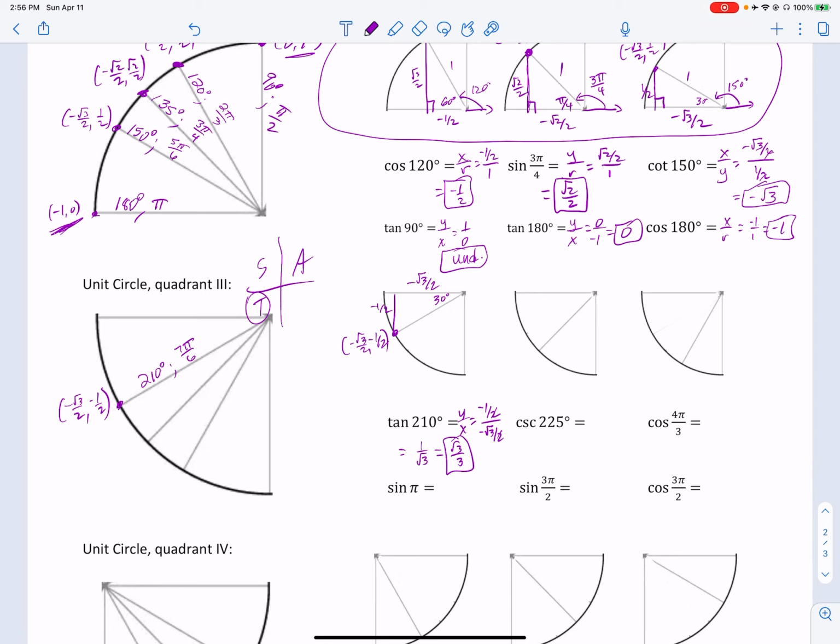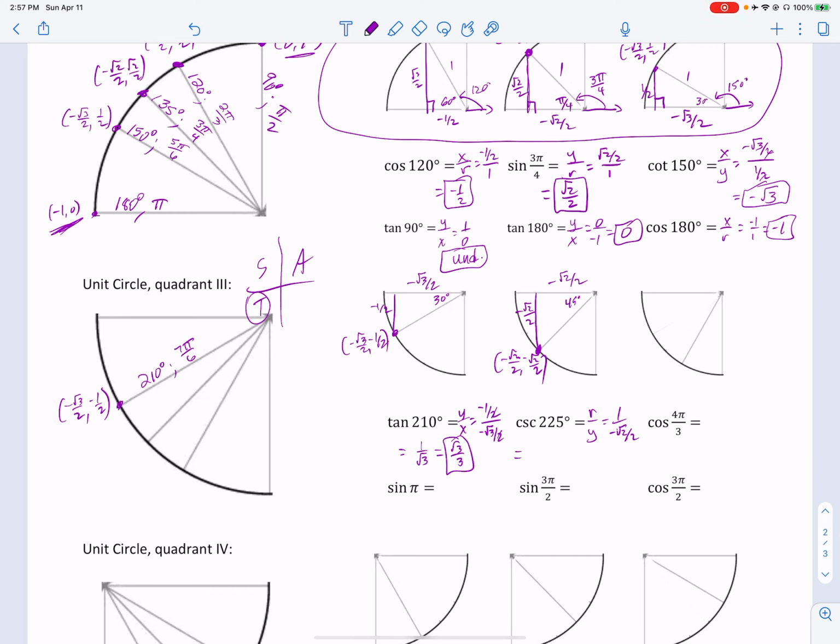Cosecant of 225 degrees. If we go 225 degrees, you have gone 45 degrees beyond 180. So you've gone to the left root 2 over 2, down root 2 over 2. The ordered pair is negative root 2 over 2, negative root 2 over 2. And cosecant is your reciprocal of sine, so it is your r over your y, or 1 over the y value of negative root 2 over 2.